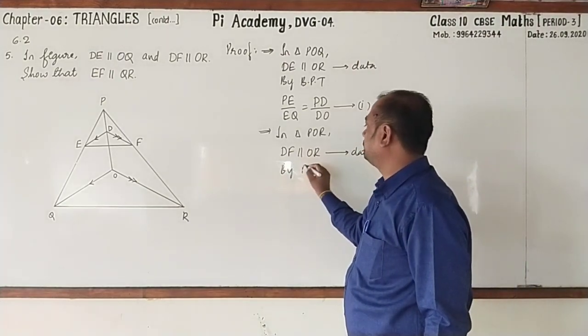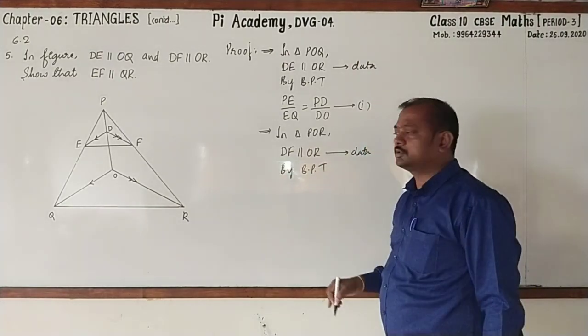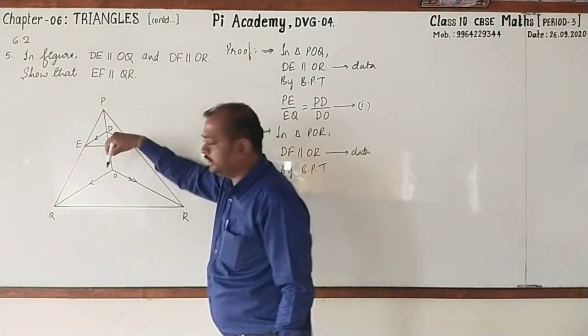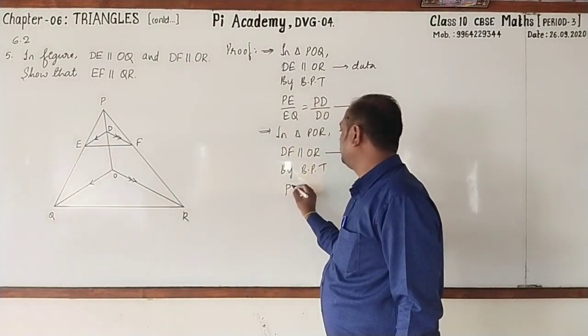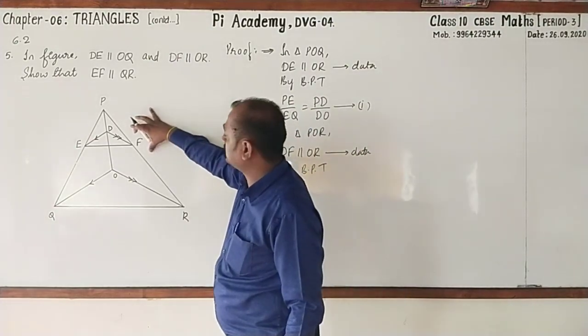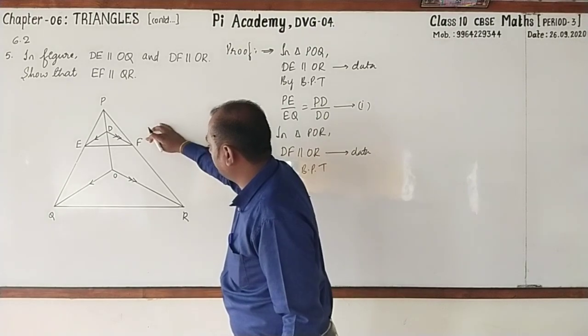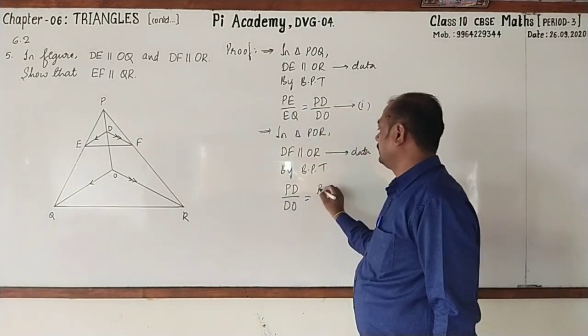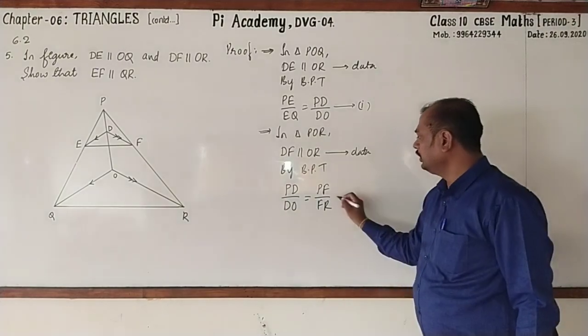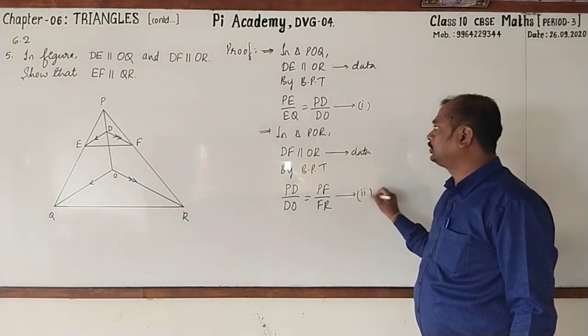Again, by using basic proportionality theorem or Thales theorem, we can write PD by DO, which is equal to, which is that ratio? PF by FR. You may call this statement 2.